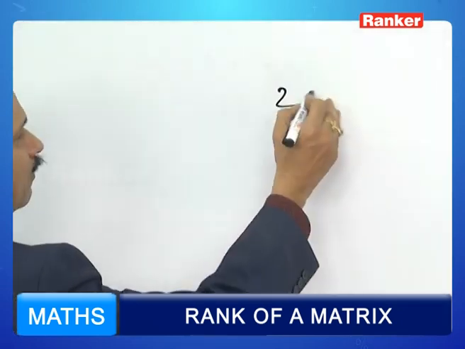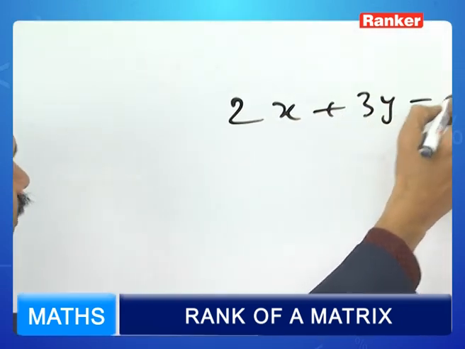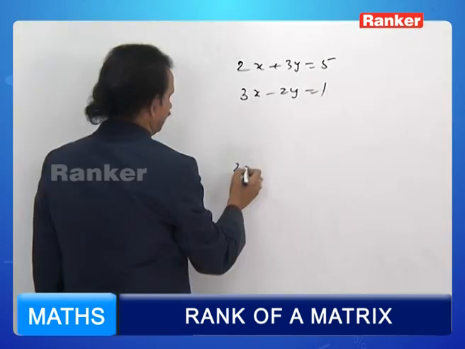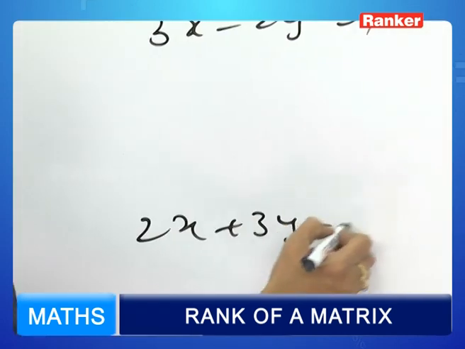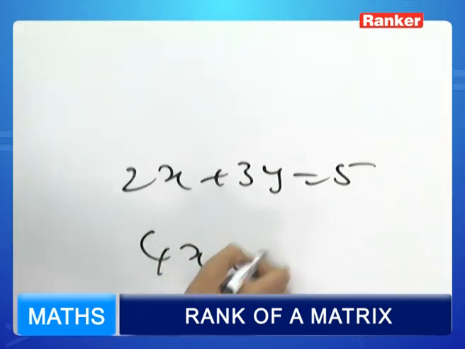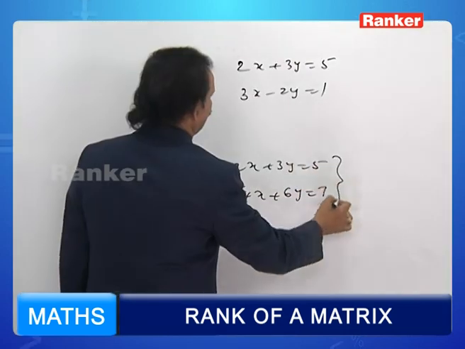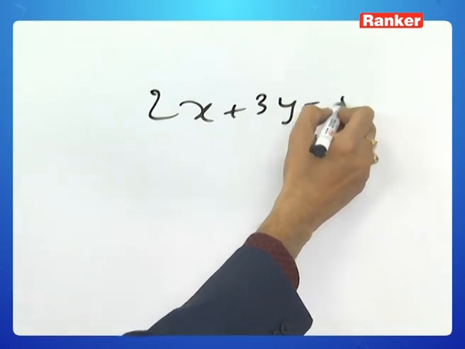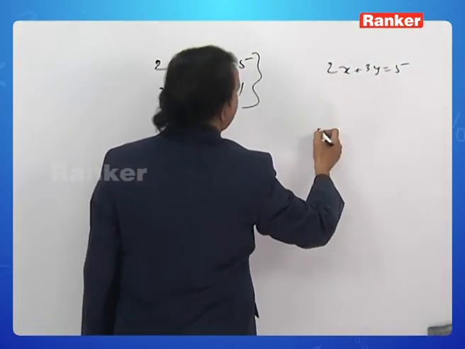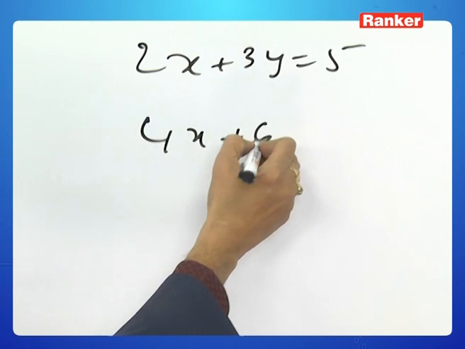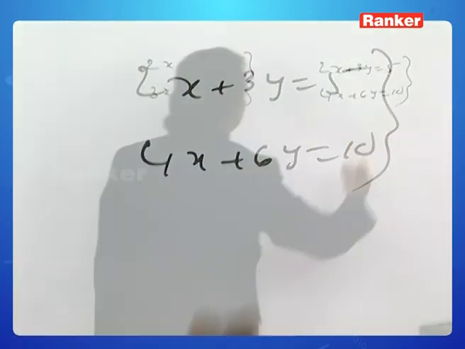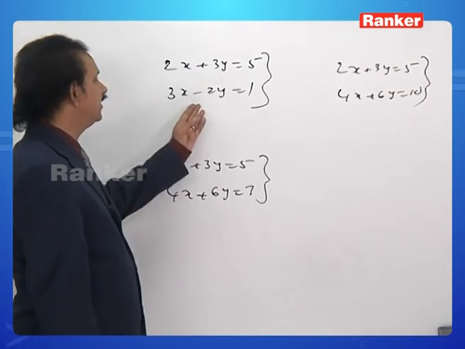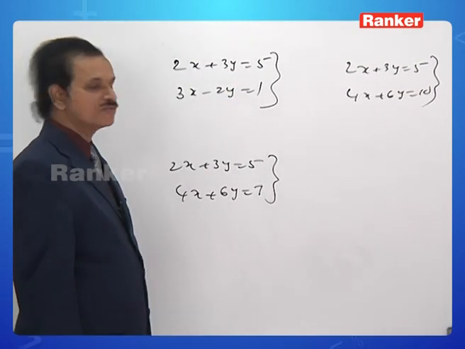Observe the equations now. 2x plus 3y is equal to 5, 3x minus 2y is equal to 1. Another: 2x plus 3y is equal to 5, 4x plus 6y is equal to 7. Another system: 2x plus 3y is equal to 5 and 4x plus 6y is equal to 10. Three types of systems I have put on the board. Here, x equal to 1, y equal to 1 is a solution.